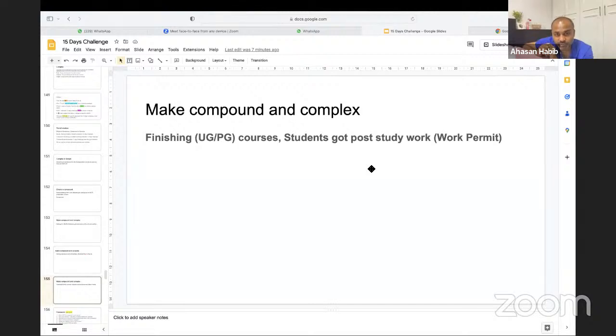So finishing masters, student got 2 years work permit. I mean post-study work, right? So now make it compound sentence, please. I'd like to see if you can make it compound sentence. Very quickly, type in the chat box.